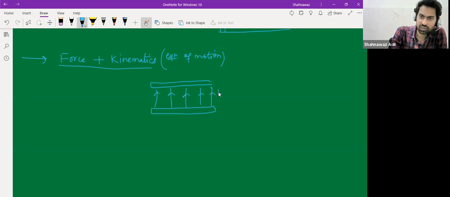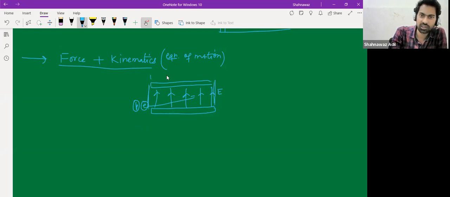So this is the direction of the electric field, and one electron and one proton both move in this direction. Both are given some initial velocity and move in this direction. We have to find out which will take less time to cross this length.